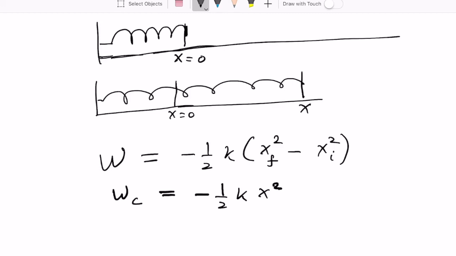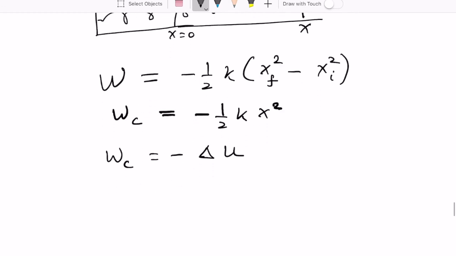So let's say that when the spring is not stretched, its potential energy U is equal to 0. And I want to find out what is the U when the spring is stretched out to some distance x. That's what I'm after. We know that Wc is equal to minus delta U, right?